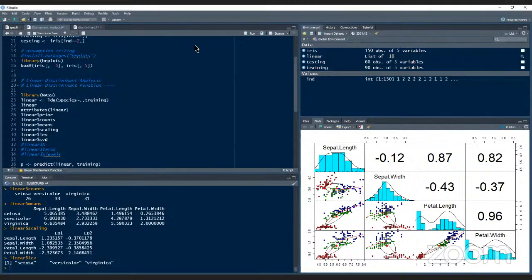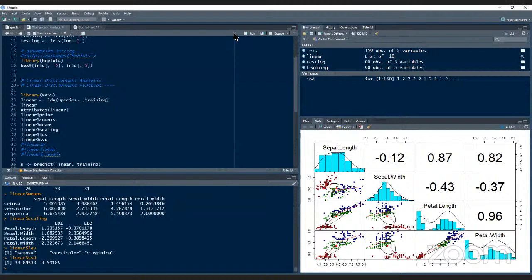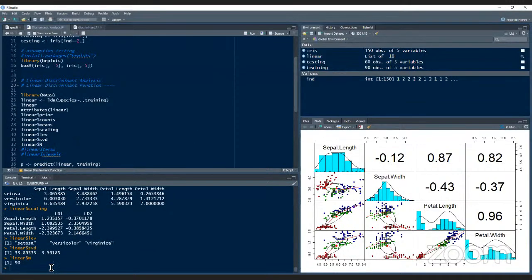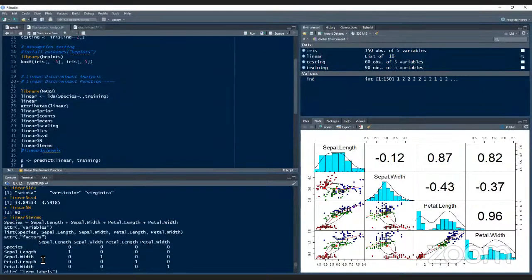Now this is singular vector decomposition, sorry, singular vector decomposition. Then n, it is showing the total number, that is 90. Terms gives us the species equal to sepal length, that is, the regression equation which we applied: species is equal to sepal length plus sepal width plus petal length plus petal width.